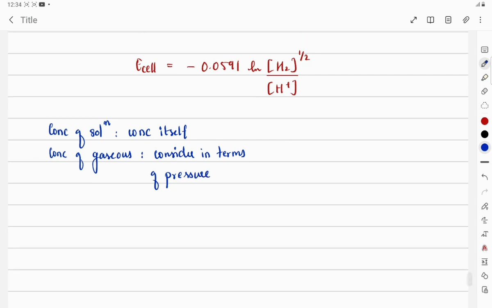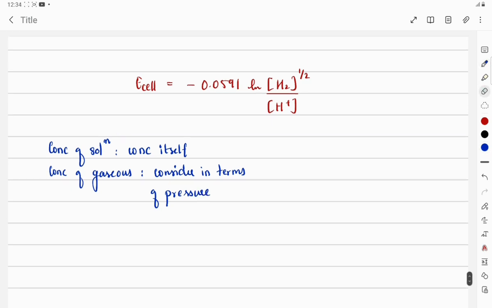Which means instead of the concentration of H2 gas, I will consider the partial pressure of H2 gas. Stoichiometry will not change because that comes from the main chemical equation. So this is my Nernst equation for that particular cell reaction.